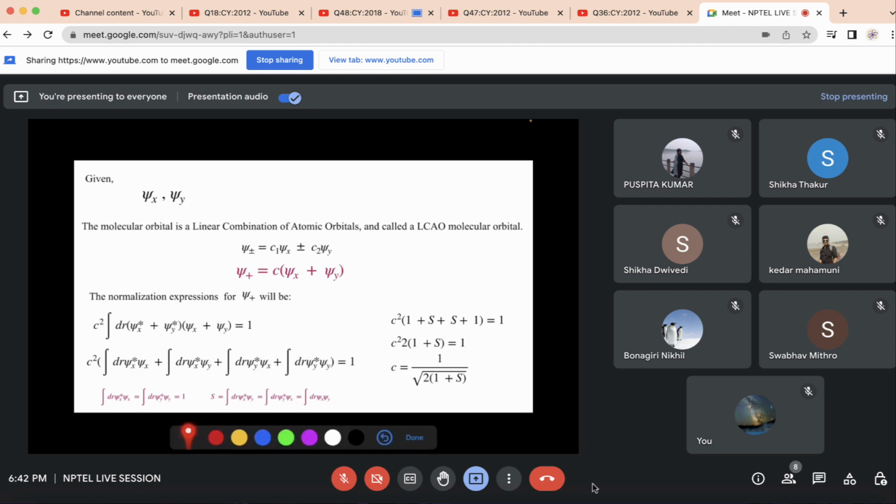So we are given the atomic orbitals of our molecule X and Y, and psi x and psi y are respectively the atomic orbitals of the X and Y atoms.